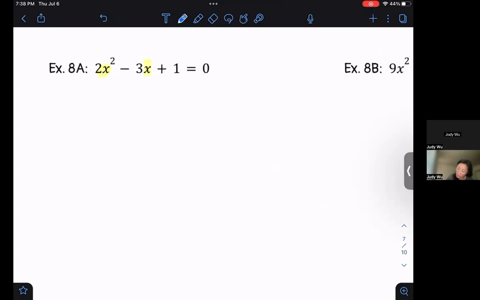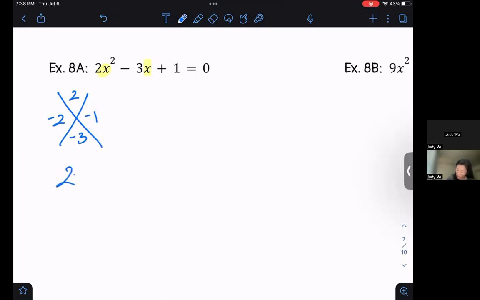Okay, so let's factor. I'm going to think about how to group things. A times c, 2 times 1 is 2, and then the b value goes on the bottom. I think about numbers that multiply to make 2, but add to make -3. So -2 and -1 will do it.